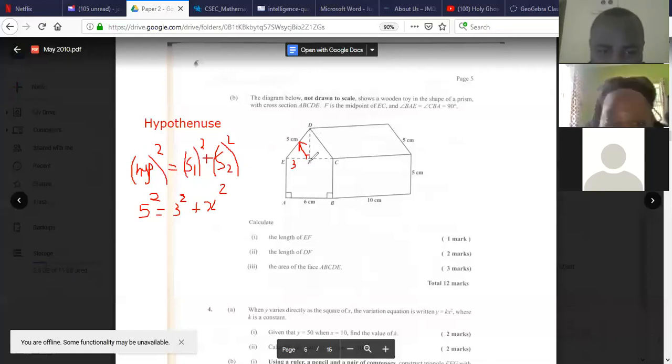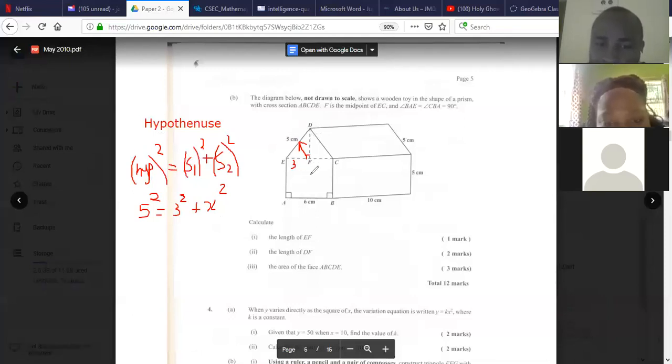So DF is x. We don't want DF squared, what we want is just DF. So what would we do with this equation? What would I do with the 3 squared? Because we don't want it over here.